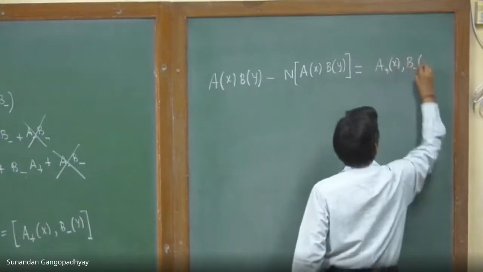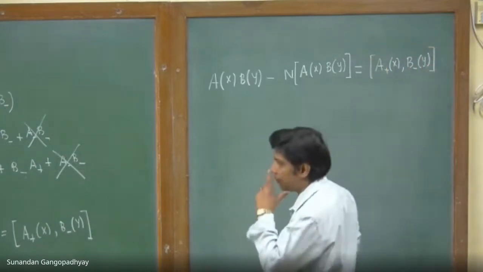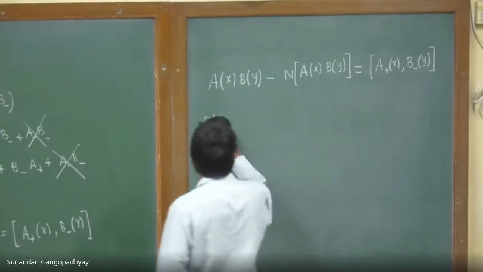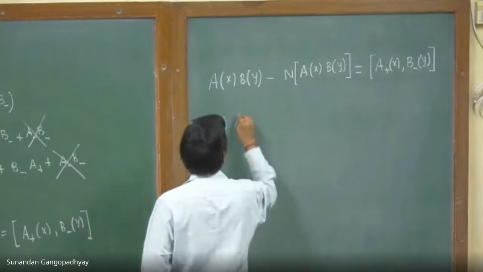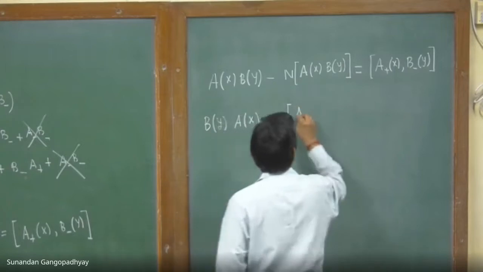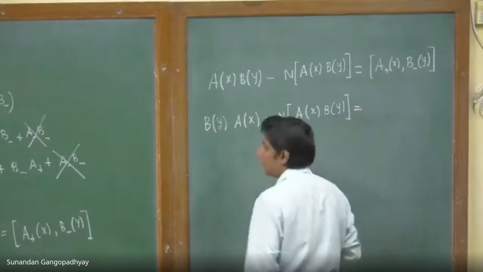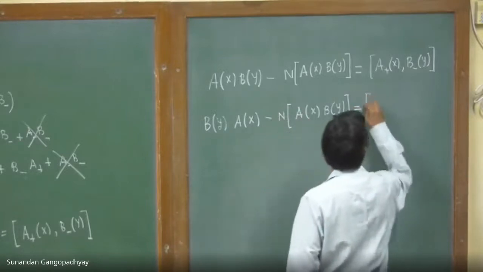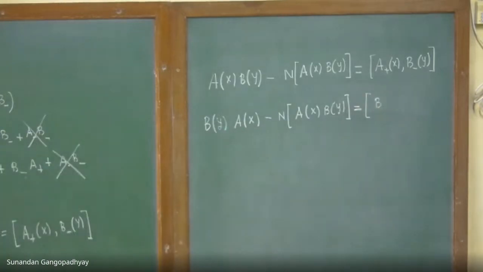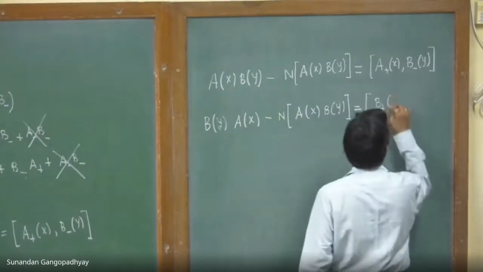This is one of the results, and we have By Ax minus normal order of By Ax, equal to the commutator of b plus y, a minus x. So this is what we have.